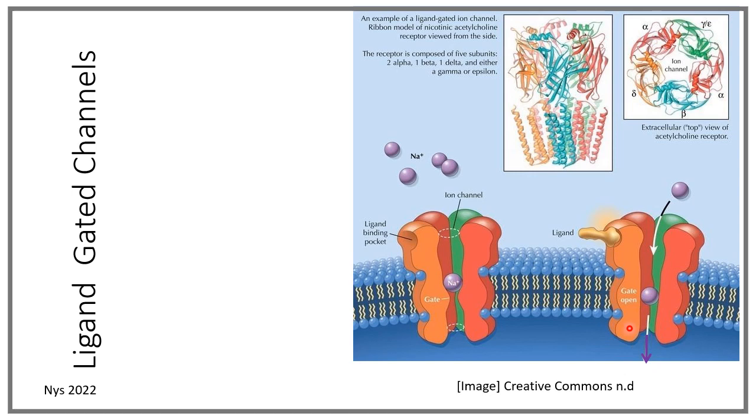One subunit is removed in this view so that we can see that when a ligand isn't bound, the sodium isn't able to get through, but upon binding of the ligand, there's a conformational change in the structure of the proteins such that sodium is able to go down its concentration gradient.